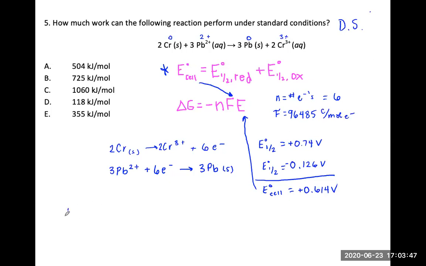So we can go ahead and calculate our delta G, which will be negative 6 moles of electrons times Faraday's constant, then times our cell potential, which is positive 0.614 volts.